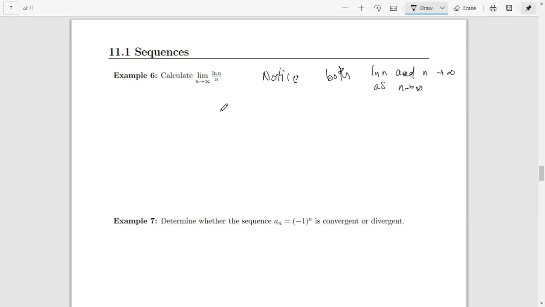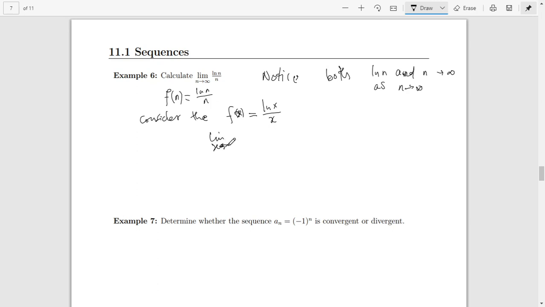Maybe, maybe not. We saw a theorem 3, that if we define this sequence to be f of n equal to natural log of n over n, then we want to find the limit of f of n, but we can consider a function. Consider the function f of x equal to natural log of x all over x, then the limit as x tends to infinity.